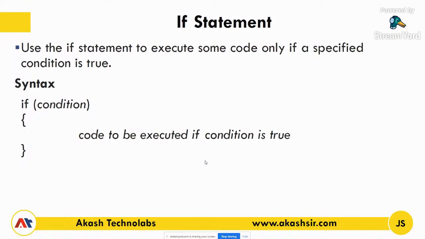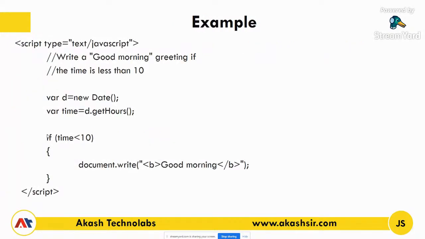So this is the simple syntax for the if. Here you can see this is an if condition, if having some condition, and here you can write your output. Okay, so what is next? Here you can see we have created one new date object, right?